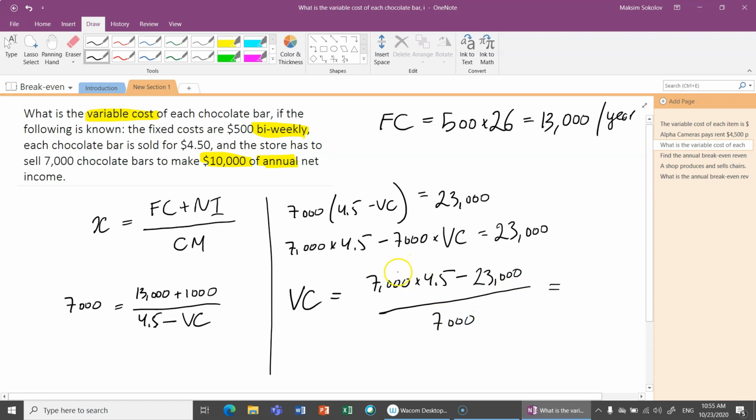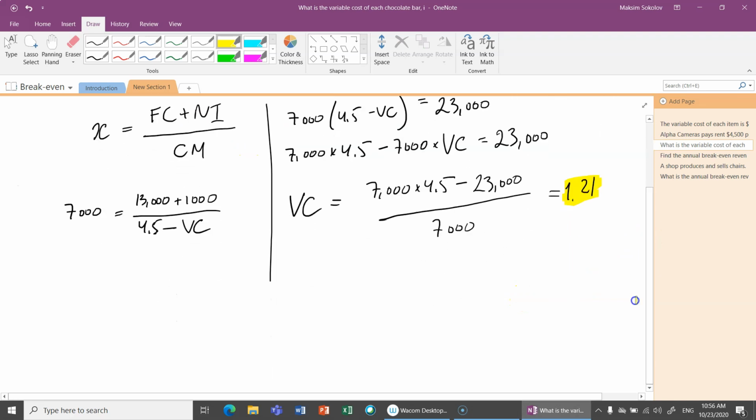We just use some algebra here to find this VC, and it's going to be equal to 1.21. So variable cost is $1.21 in this problem.